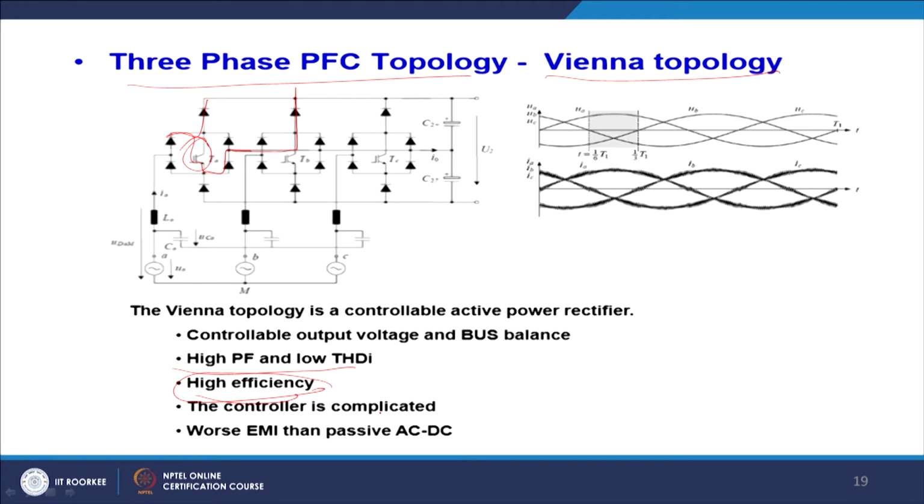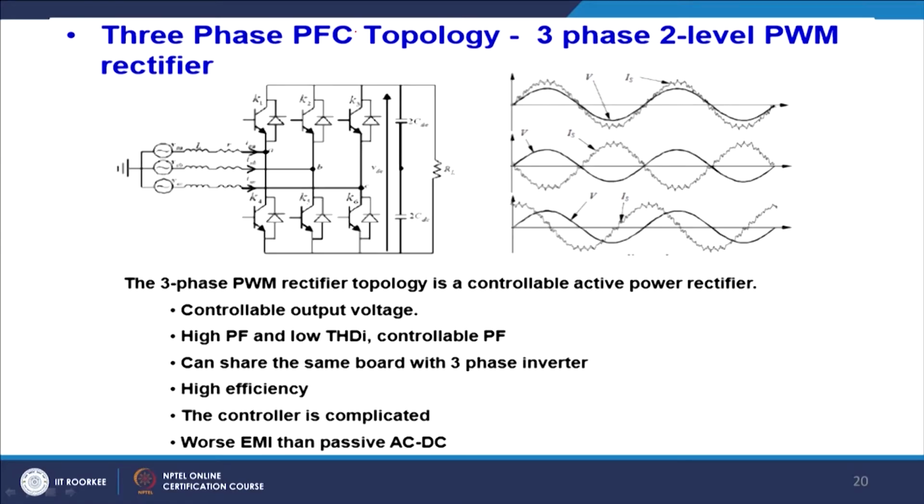But one of the issues is that control is quite complicated, and there is EMI, compared to the passive AC to DC conversion, that is, your multi pulse converter. For this reason we try to find a solution with the 3 phase power factor correction topology.